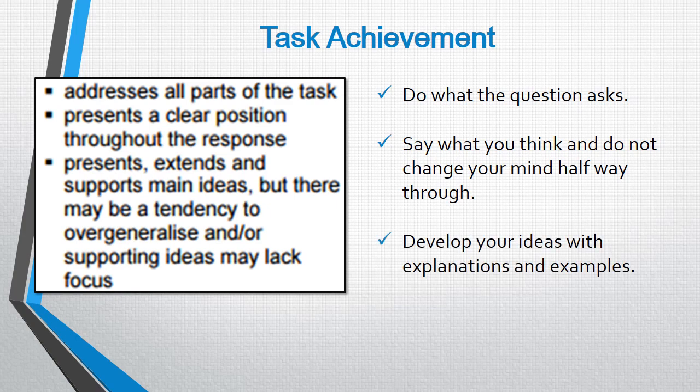This is done in the body paragraphs of your essay, and in your body paragraphs you will have one central idea which will normally be in the topic sentence, and you will then support that with explanations and examples, and that is how you extend and support your main ideas. I'll be showing you exactly how to do this further on in the course.